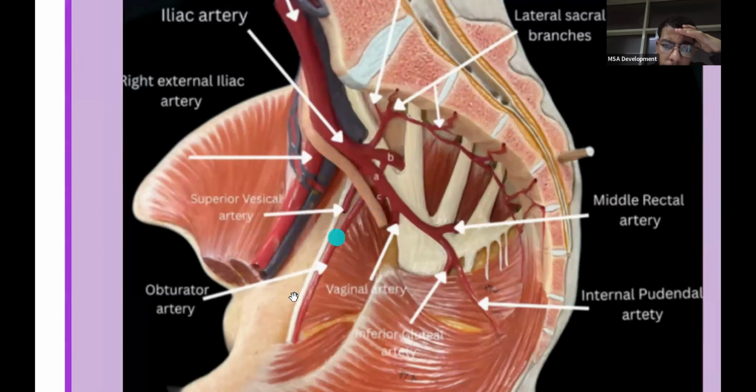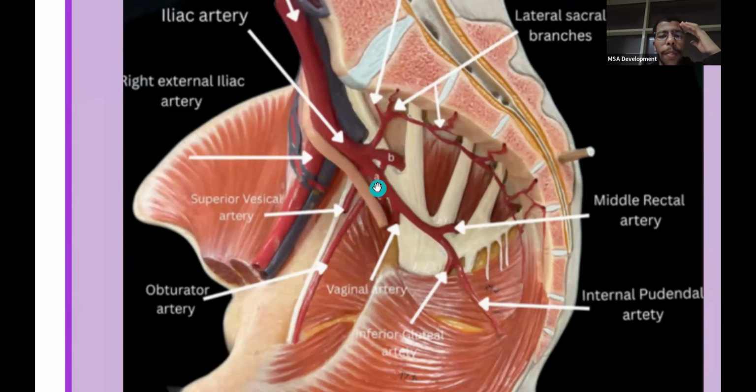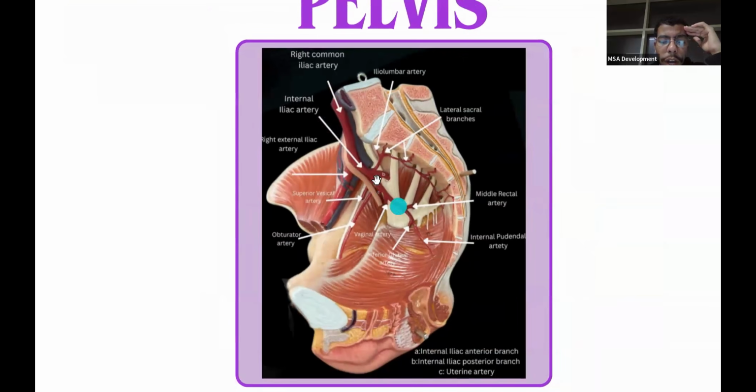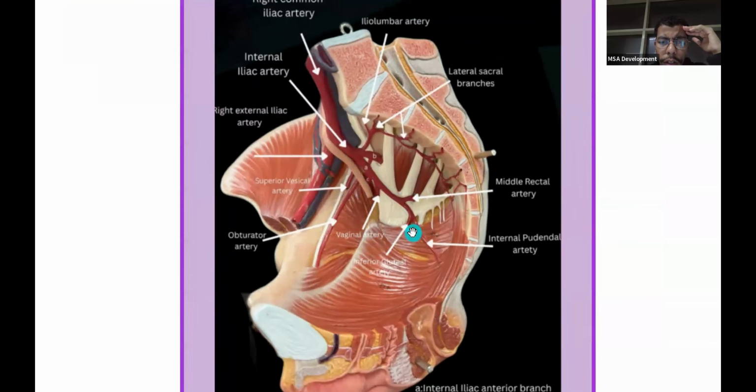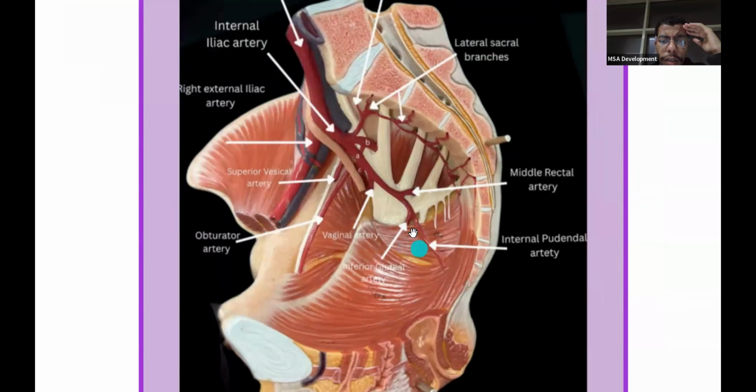For some reason, the obturator here is coming from the posterior branch, but this is not correct. It's supposed to come from the anterior branch. And then we have the vaginal artery. This is a female. Then we have inferior gluteal. You don't really need to know that. Then we have the internal pudendal artery, the middle rectal artery.